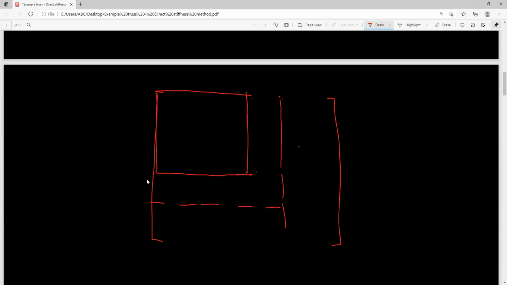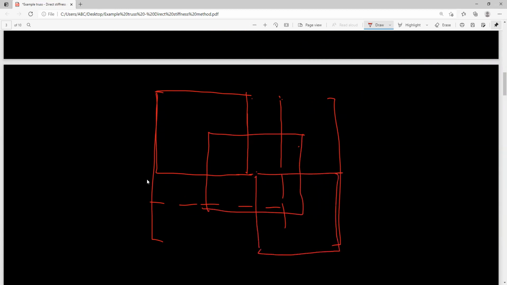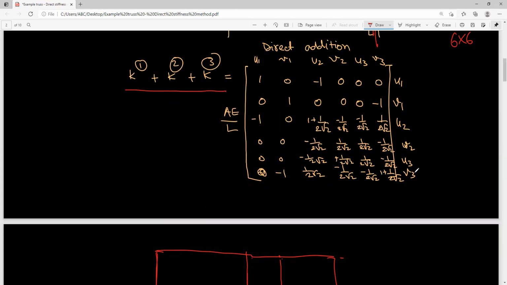Similarly, for the second member also, your matrix will be whatever the additions of the numbers give, and it may look something like this. Whatever the overlapping members, you may see some kind of summation here for the overlapping components.